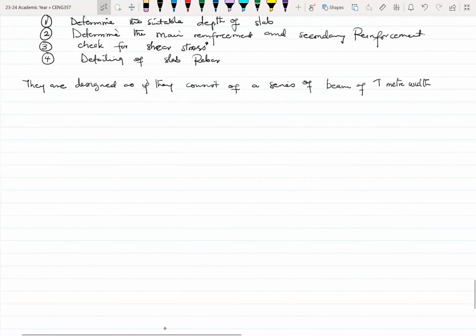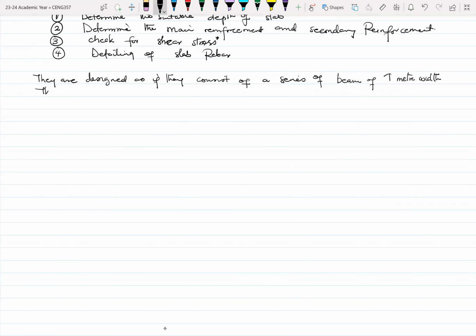The main steel is in the direction of the span. Then we have the secondary, or what you call the distribution rebars or steel.